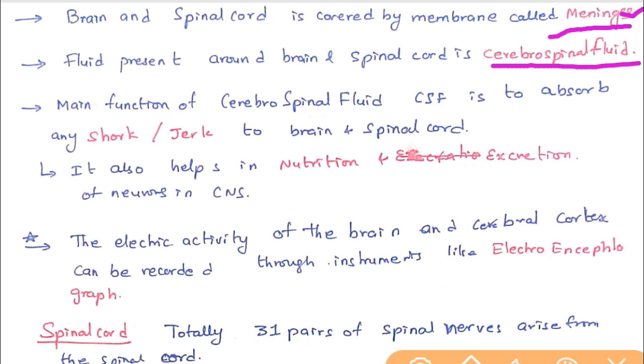The main function of this cerebrospinal fluid is to absorb any shock or jerk to the brain and spinal cord. If somebody blows on your head, friends, then it takes the maximum impact and it saves our brain.